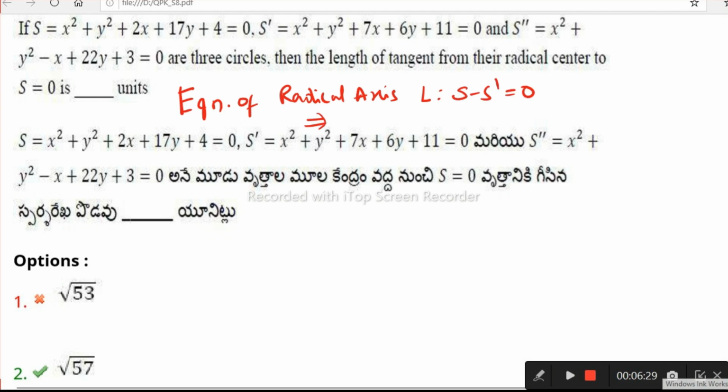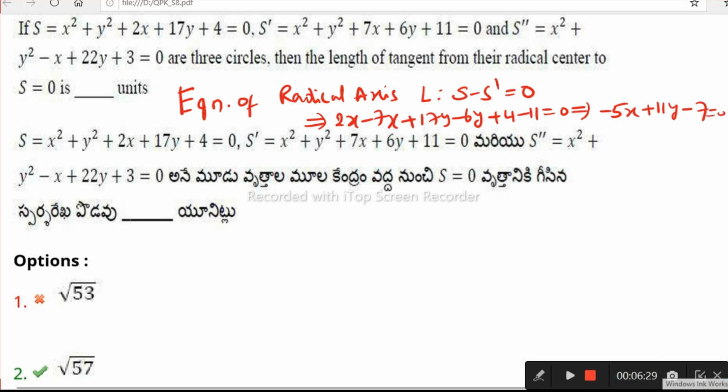x square and y square cancel, 2x minus 7x, then y terms plus 17y minus 6y, constants 4 with minus 11, is equal to 0. From this you can collect: 2x minus 7x is minus 5x, 17 minus 6 is 11y, 4 minus 11 is minus 7, is equal to 0.